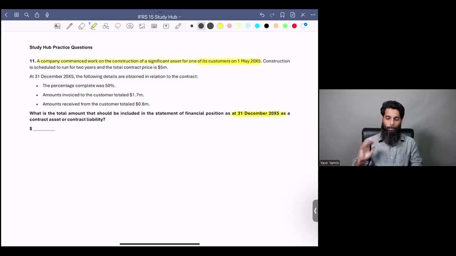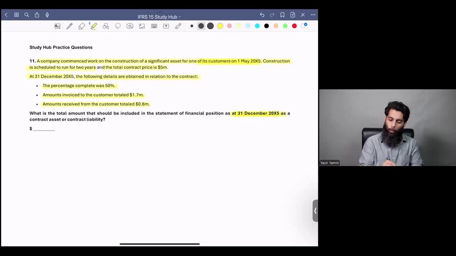It says that construction is scheduled to run for 2 years and the total contract price is $5 million. At 31st December X5, which is the first accounting year end, the percentage of completion was 50%. Amount invoiced to the customer was $1.7 million. Amount received from the customer is $0.8 million.